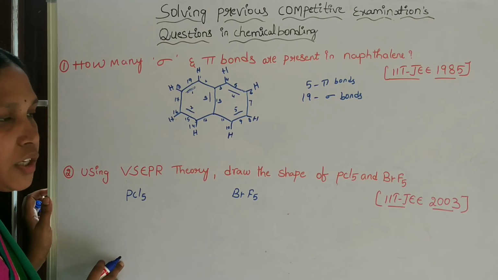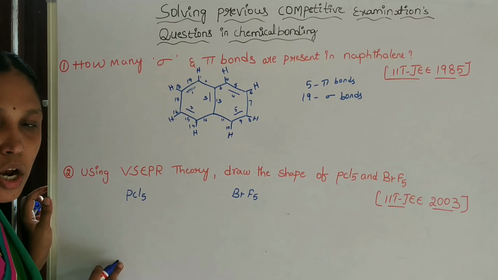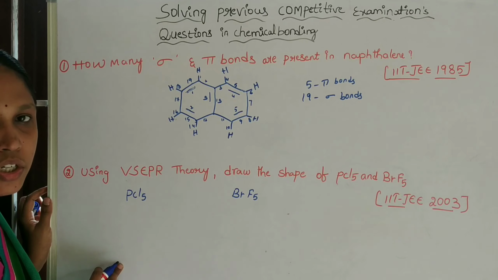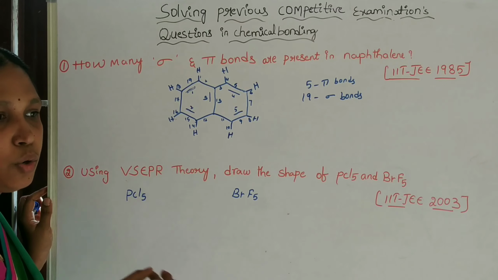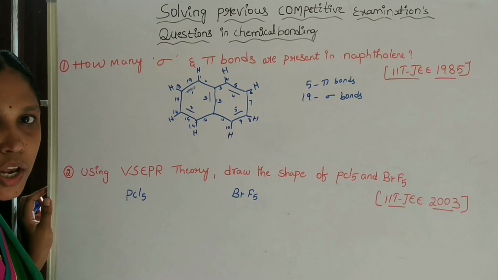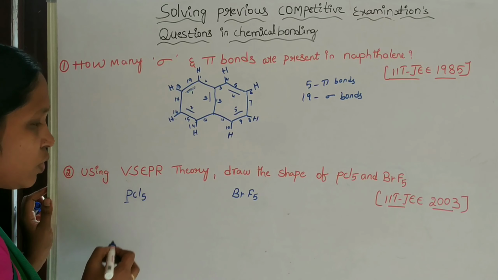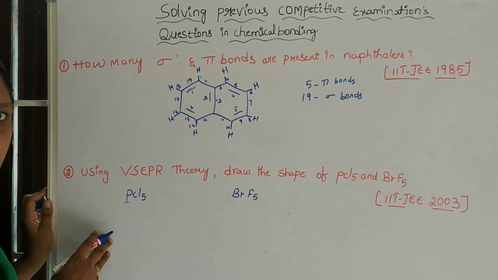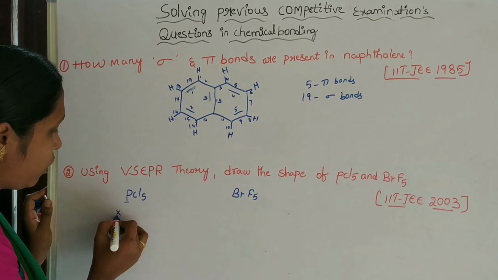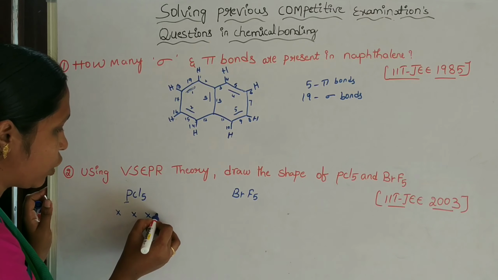I already discussed in the previous session how to find the hybridization, and using that hybridization how we know the shape of a molecule. First of all, which one is the central atom? Phosphorus is the central atom. Phosphorus belongs to the 5th A group, so take 5 electrons.